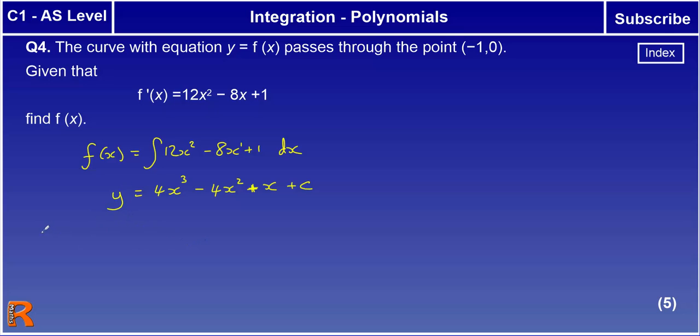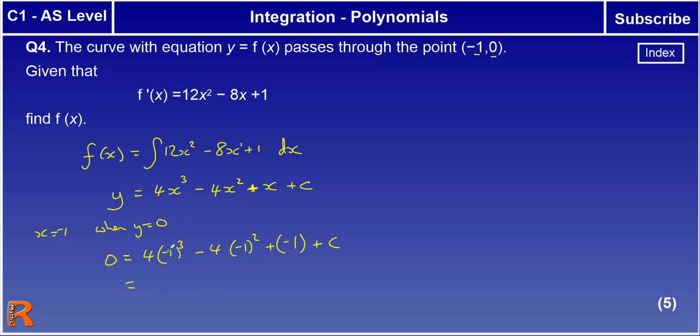Now we just need to put x equals -1 when y equals 0. So 0 equals, can we get that from the coordinate? That's the x and the y coordinate. We know this passes through that coordinate, so we can put those in there. So we've got 4 times -1 cubed minus 4 times -1 squared plus -1 plus the number we're trying to find, the constant.